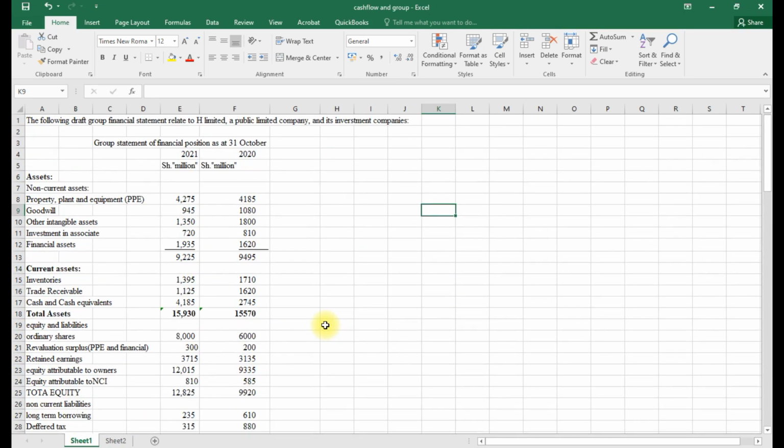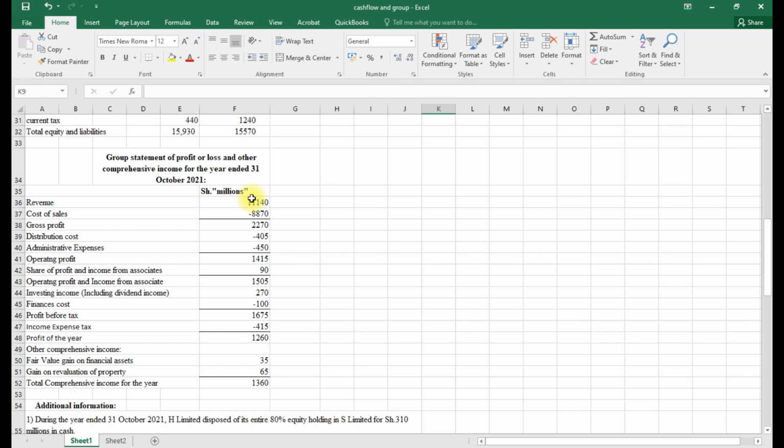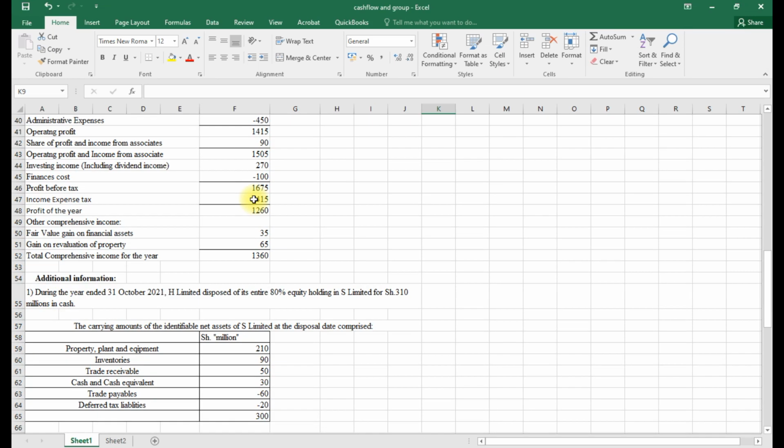So our question reads: the following draft group financial statements relate to H Limited, a public limited company, and its investment company. So we have the group statement of financial position for 2021 and 2022, and we have the group statement of profit or loss and other comprehensive income for the year ended 31st October 2021.